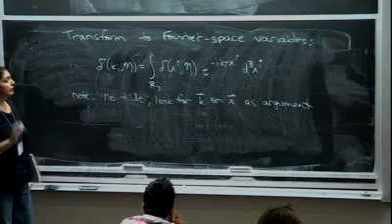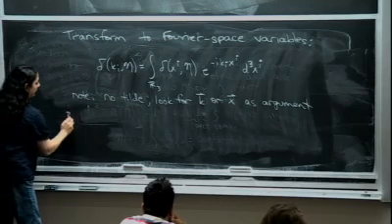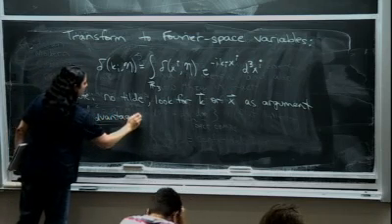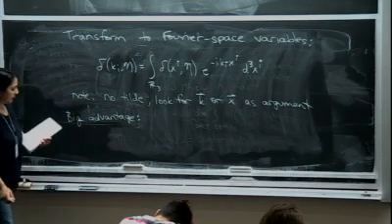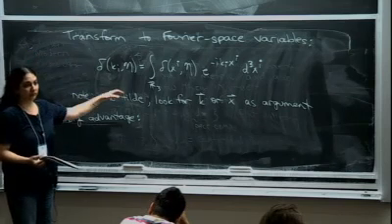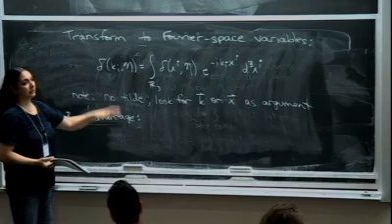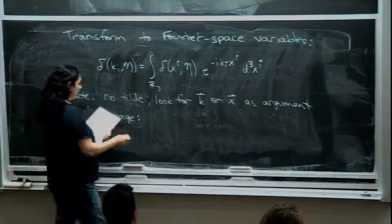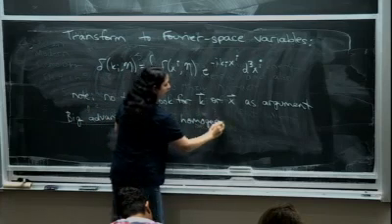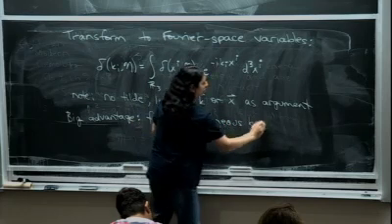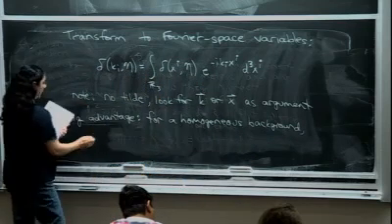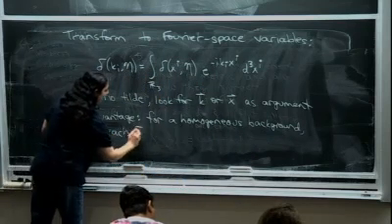And the reason why we do this, and the big advantage, which I'll just say, is that when you have a homogeneous background, each Fourier mode is actually going to evolve independently. So this gives you a big simplification of things. So if you have a homogeneous background, each Fourier mode evolves independently.